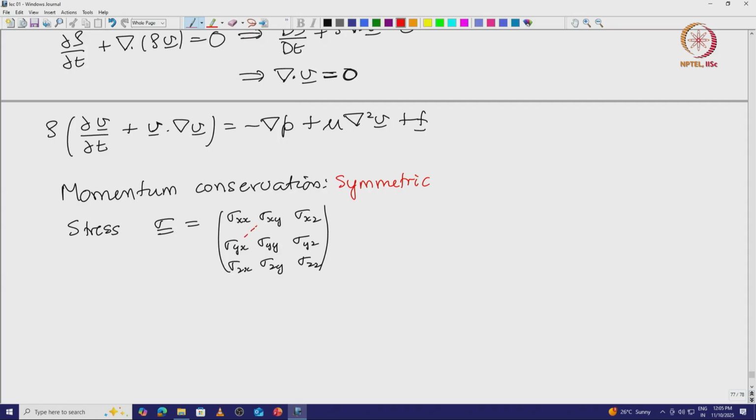That is, the off diagonal components are all necessarily equal. In the absence of flow, the stress is what is called an isotropic tensor. It contains only the pressure as its diagonal elements.